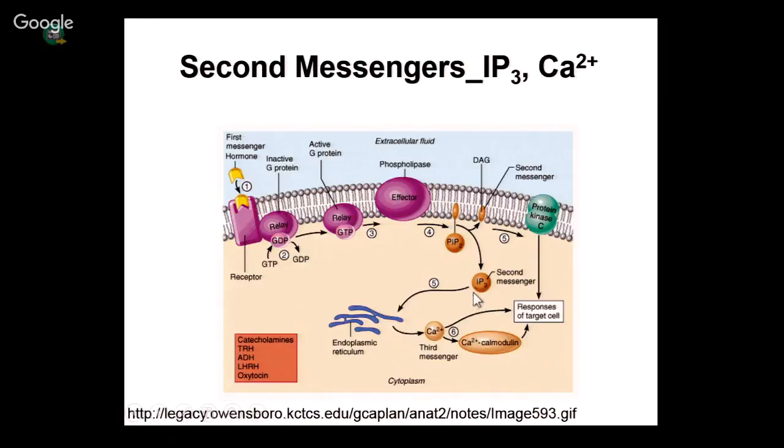This IP3 is a well-known second messenger that can bind to the calcium channel on the ER, the endoplasmic reticulum. On the ER, there are many IP3 receptors. Once this IP3 binds to its receptor, the channel can open. And once it's open, what's going on there?